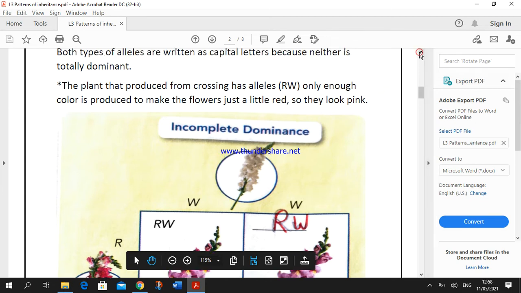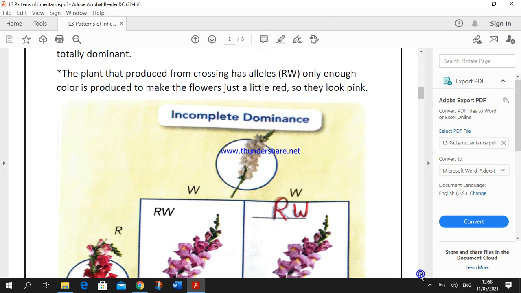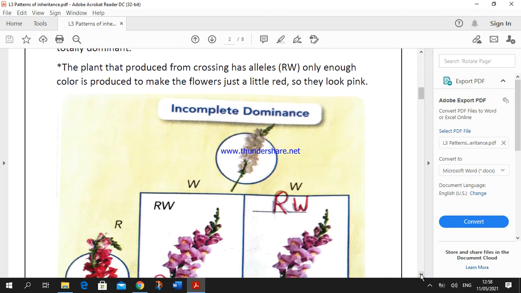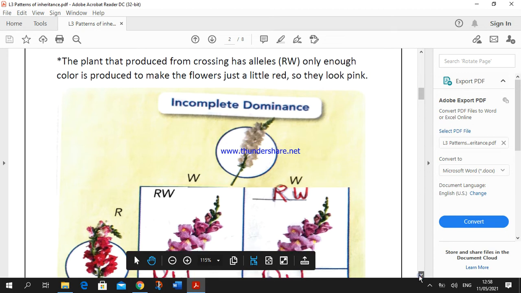Both alleles are written as capital letters because neither is totally dominant. After crossing, all the plants produced have the alleles R capital, W capital. Only enough color is produced to make the flower just a little red, so they look pink.